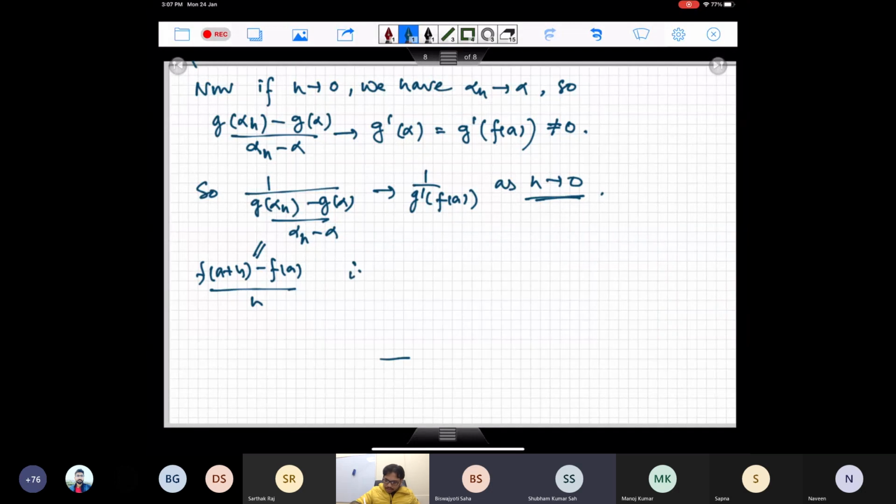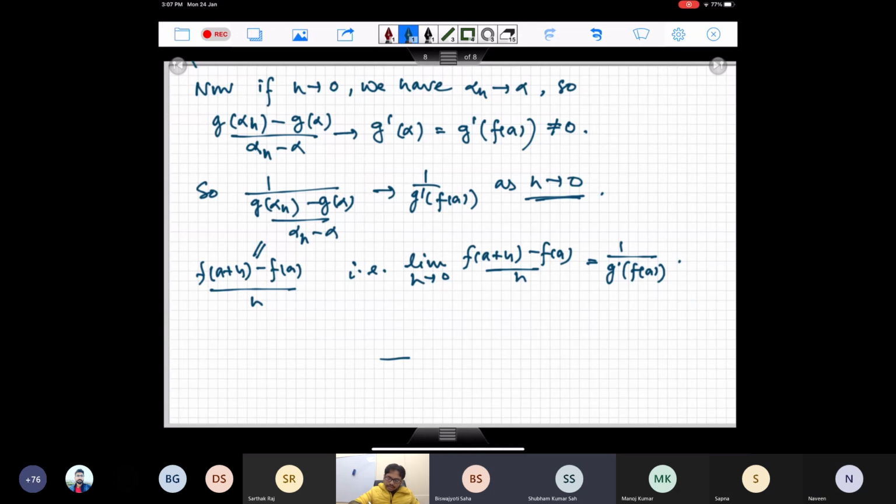So therefore we see that the limit as h tends to 0 of (f of a plus h minus f of a) divided by h is equal to 1 upon g prime of f of a. Agreed, all of you? Yes, sir.